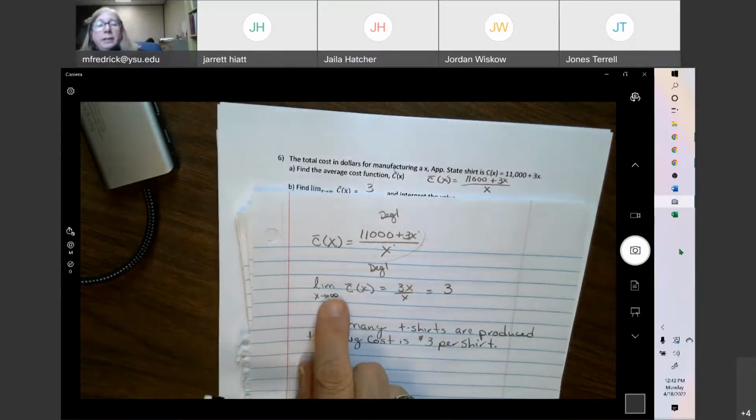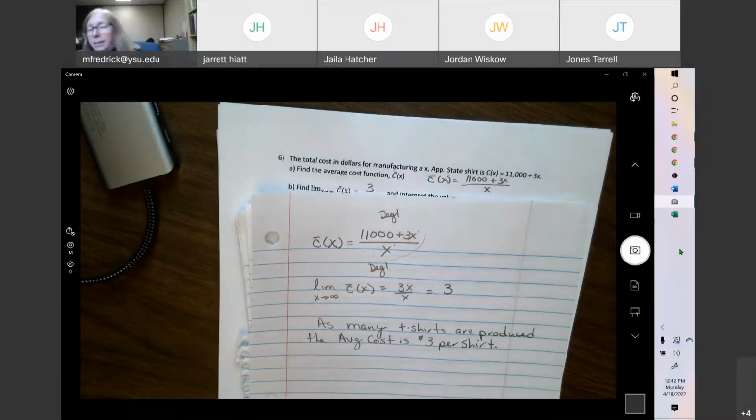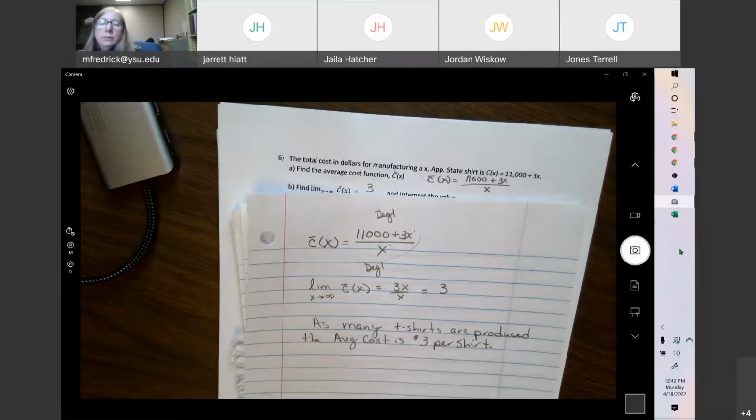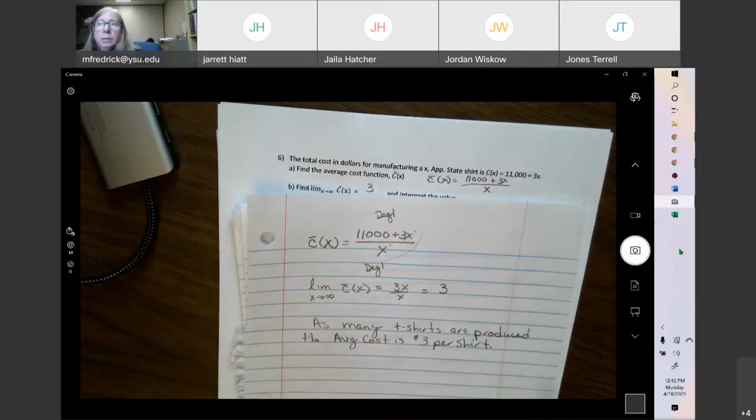So we're talking about selling an infinitely large amount of them. 10 isn't enough, but if you talk about 1,000,000, you should be able to get them for $3 each. So the more you produce, the lower this will go, but it won't go past 3. Any questions on that?